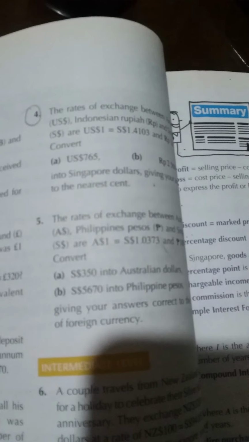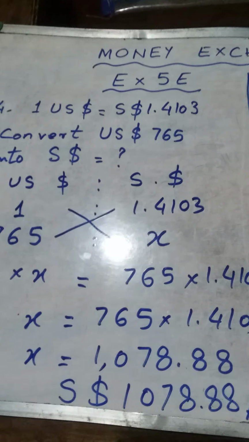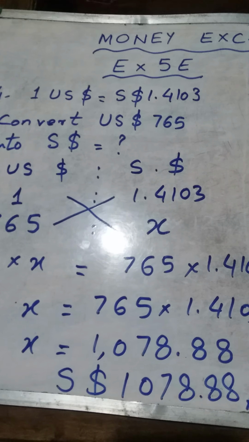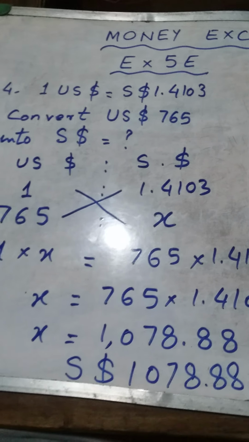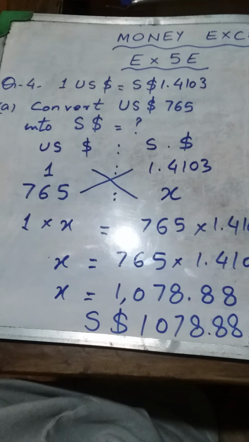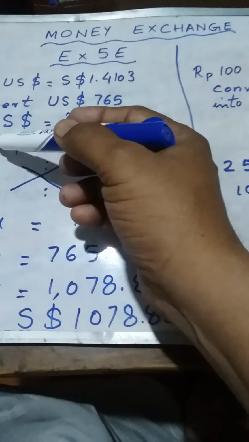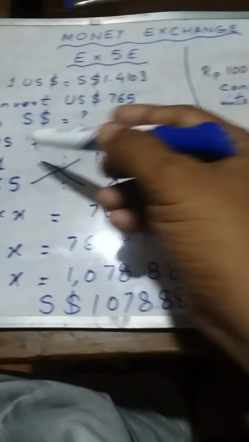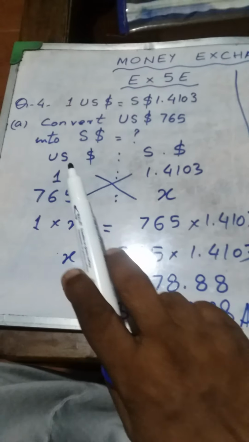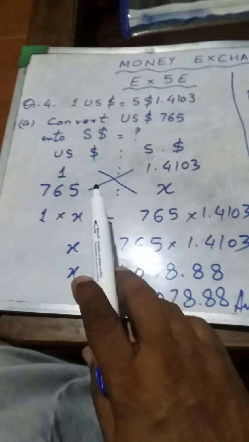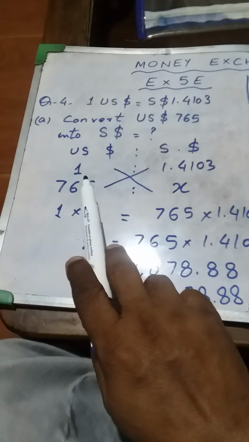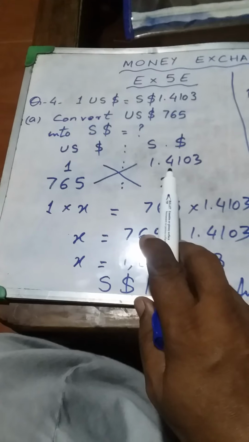One is US dollar to Singaporean dollar: 1 US dollar equals 1.4103 Singaporean dollar. So we are going to make a ratio between US dollar and Singaporean dollar.